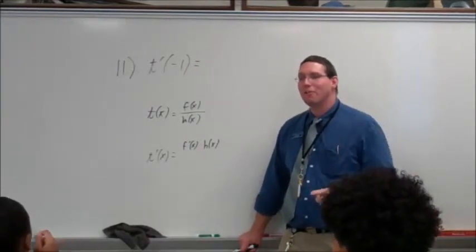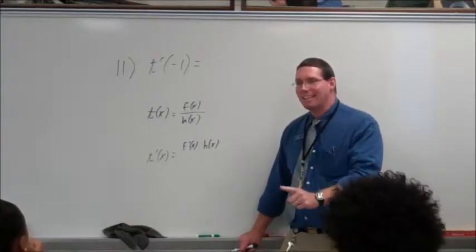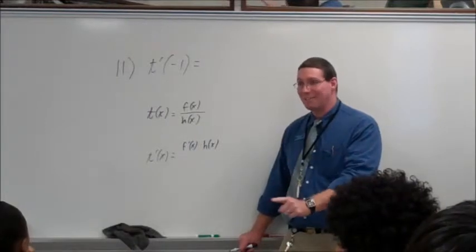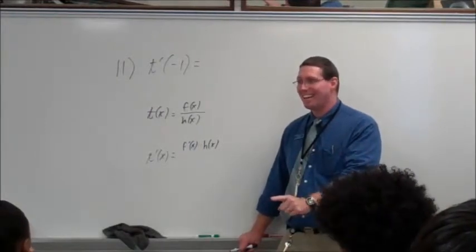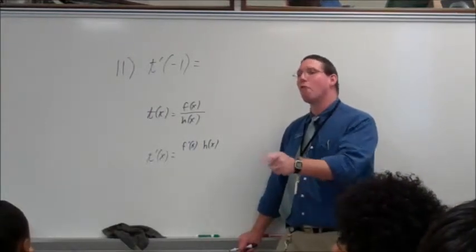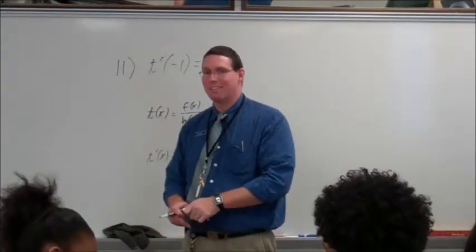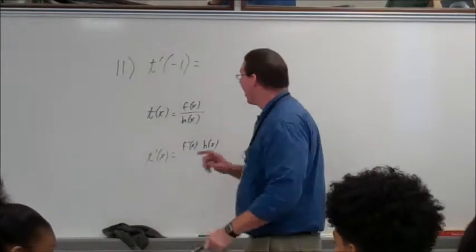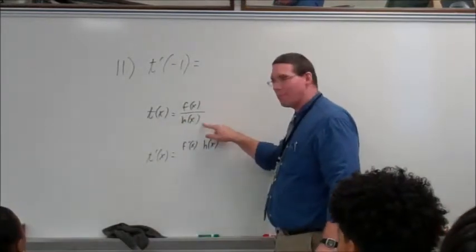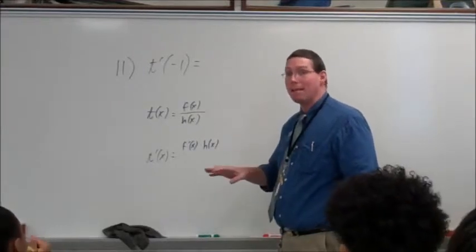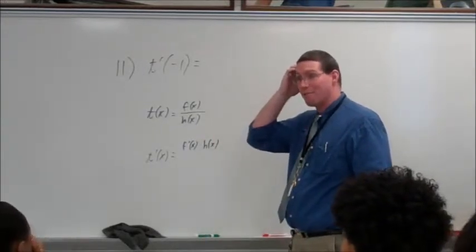Yeah, they are doing exactly what I said not to do. Before I taught you the quotient rule, what did I tell you is not the quotient rule? I said it is not the derivative of the top divided by the derivative of the bottom. Many people are still doing that.